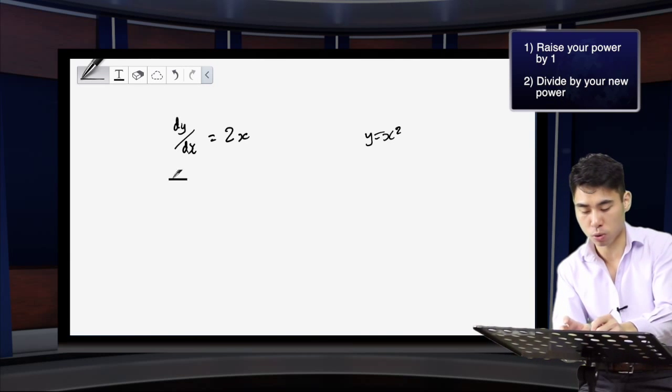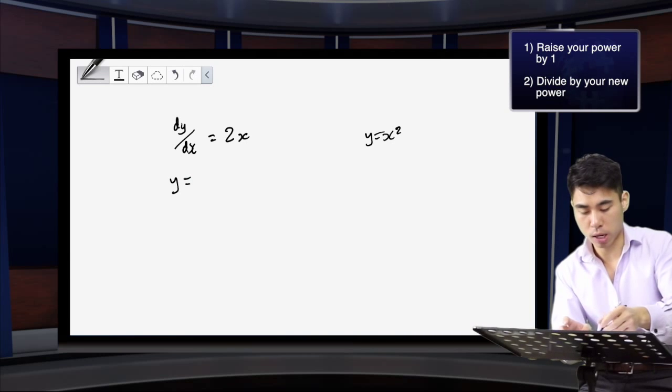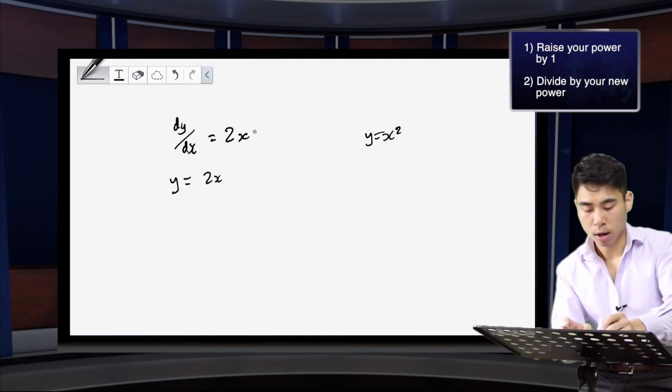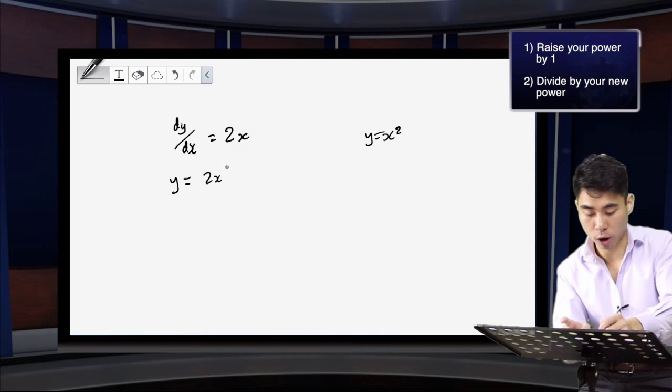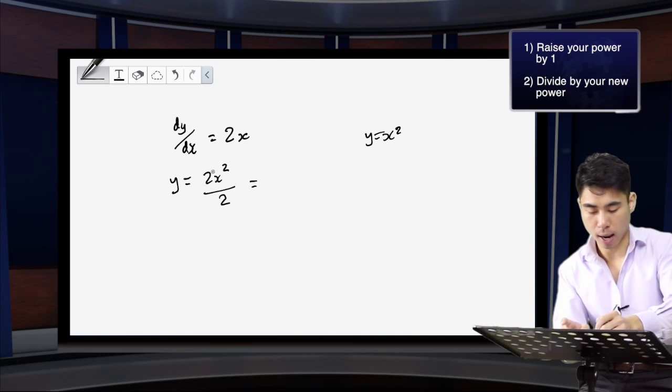So dy by dx equals 2x. Y is going to equal, well, this is going to stay the same, 2x to begin with. Now, the power on this is 1. We need to raise our power by 1, so that 1 now becomes a 2. Now we're going to divide through by our new power. So divide through by 2. Okay, gives me that.